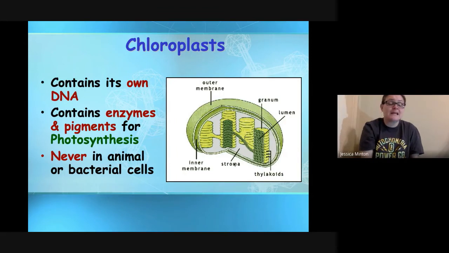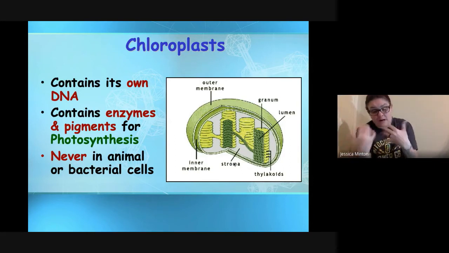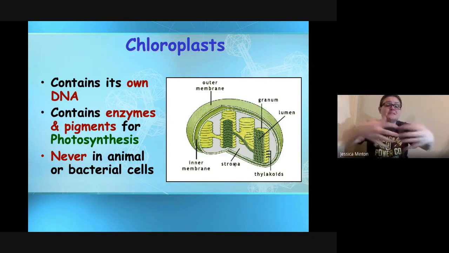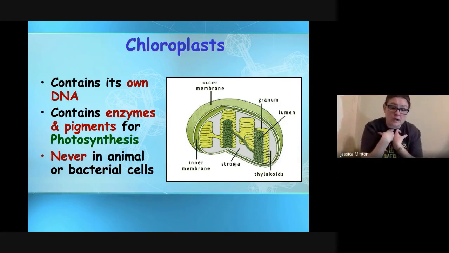If I cannot photosynthesize, and I cannot take the sun and convert the solar energy into something my body can use, I have to eat something that has been made. I have to eat plants. I have to eat whatever. So I am not a producer. I do not photosynthesize. So again, it's emphasized this is never in animal or bacteria cells.